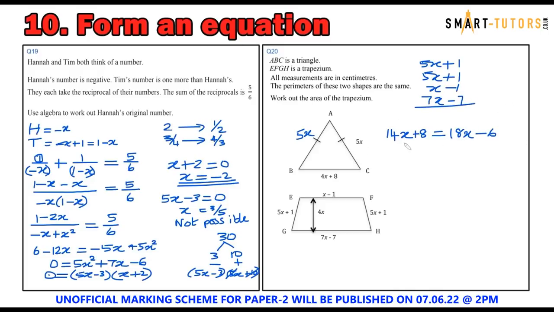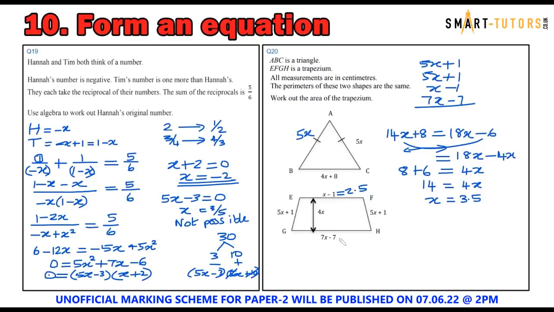Now rearrange: 14x coming this side, so 18x minus 14x is 4x, and the minus 6 is coming this side. 6 plus 8 is 14, so 14 equals 4x, so x equals 3.5.